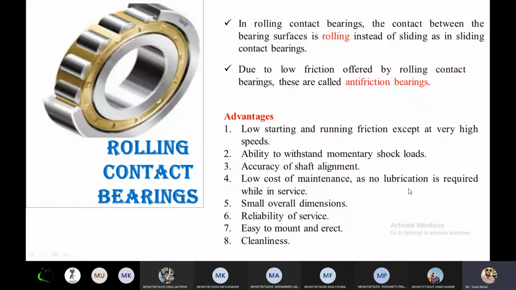So yesterday we discussed the numericals related to the sliding contact bearing. In every numerical problem, you observe how much power loss, how much heat is going to be generated, and what is related to the friction.